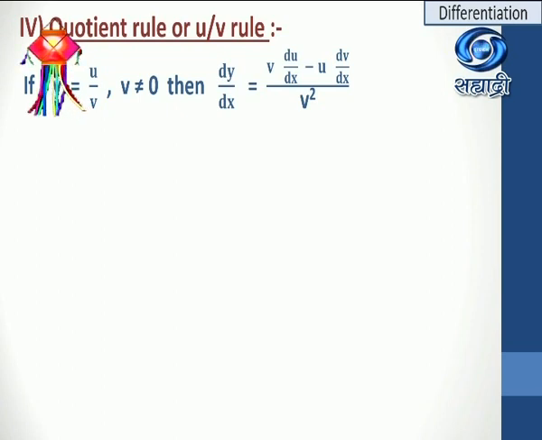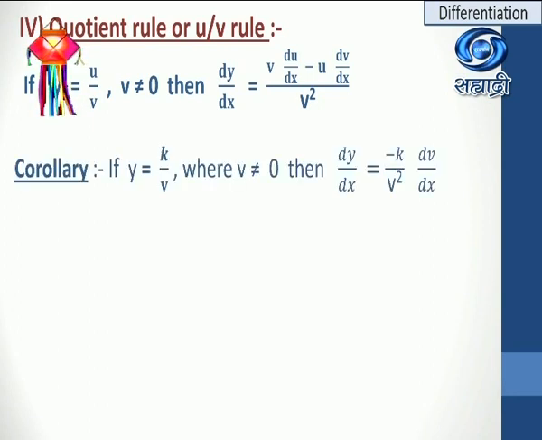Then derivative of y with respect to x is equals to v means denominator into derivative of u means derivative of numerator minus u means numerator into derivative of v means derivative of denominator upon v square means denominator square. So we can say that dy by dx is equals to denominator into derivative of numerator minus numerator into derivative of denominator upon denominator square. In product rule there is a plus sign and here in quotient rule there is a negative sign.